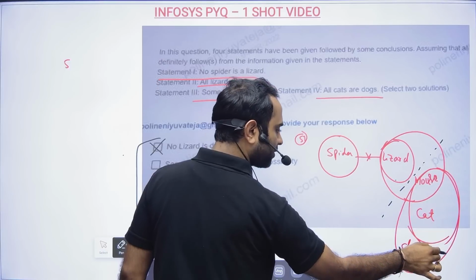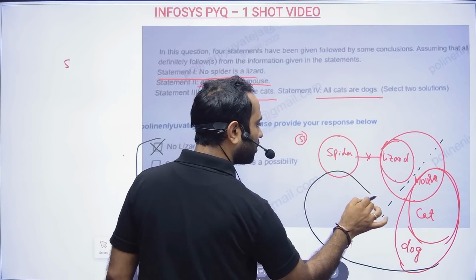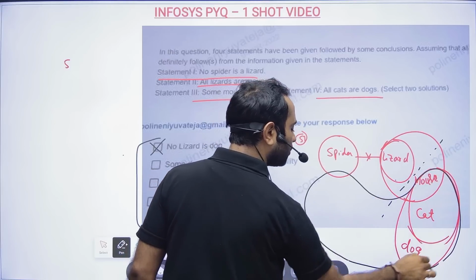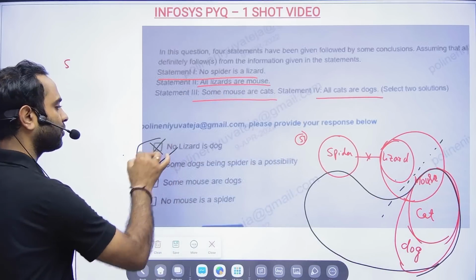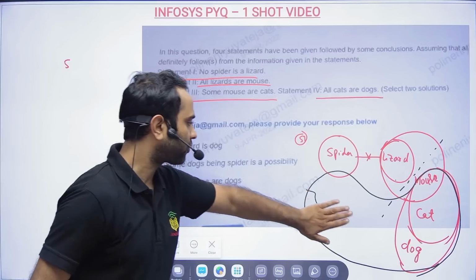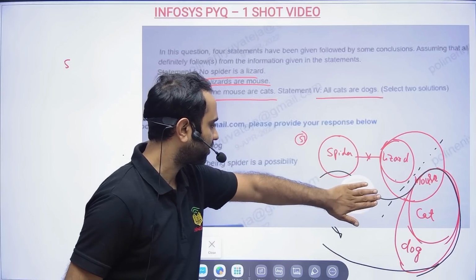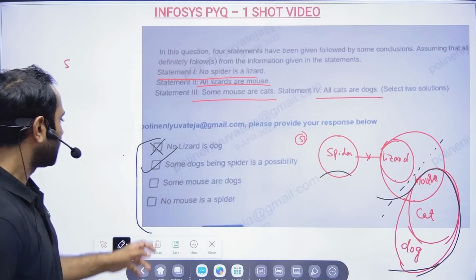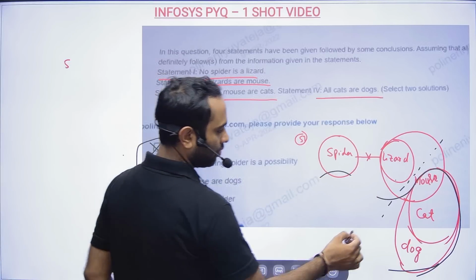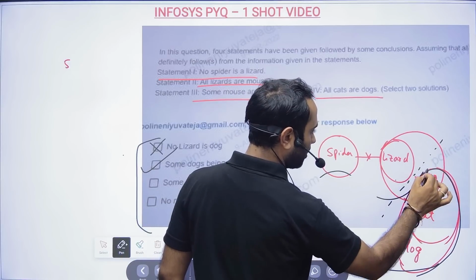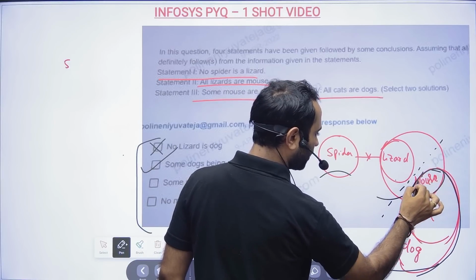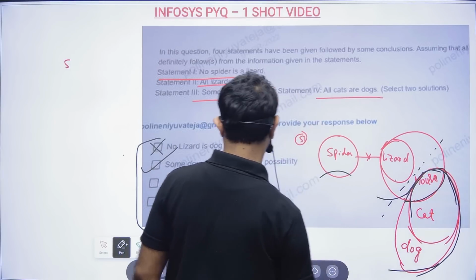I could have drawn the dog like this, no problem at all. So this will be true, because possibilities also we have to take in the picture. Some mouse are dog. So yes, this is mouse and this is dog, crossing each other.